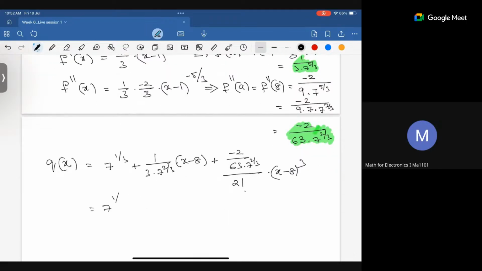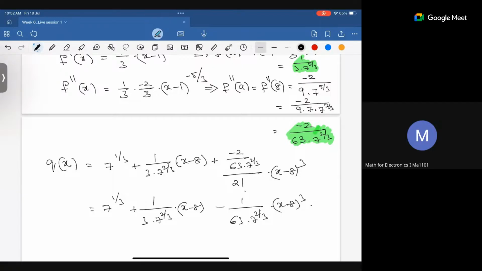So if you simplify this, it will be into x minus a, minus 1 by 63 into 7 power 2 by 3 into x minus a whole square. So this will be the second order Taylor's approximation. But if you see the options, I think they have given plus in all three terms.